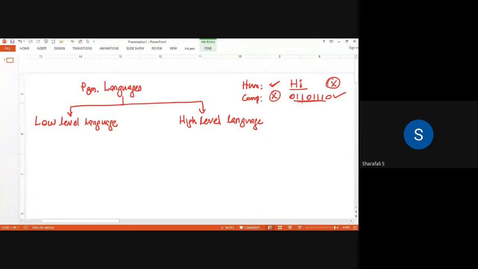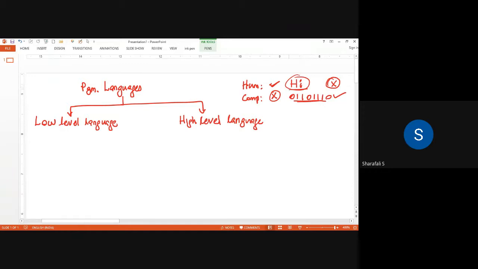A computer can easily understand these binary codes, but it will not understand normal text. For humans, the text and words that we use normally in our day-to-day life can be easily understood, but these binary codes are not possible for us to understand.